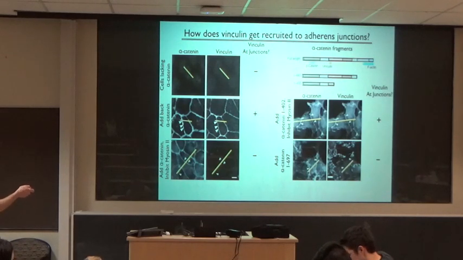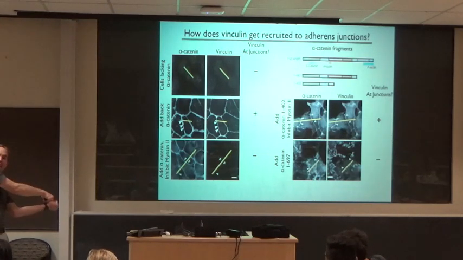And so that indicates that this piece of the protein must be inhibitory in some way to its function. And so we can suspect that perhaps this piece is somehow blocking vinculin binding. And it turns out we confirmed later using structural information that indeed this piece of the protein physically binds back and blocks the vinculin binding site.